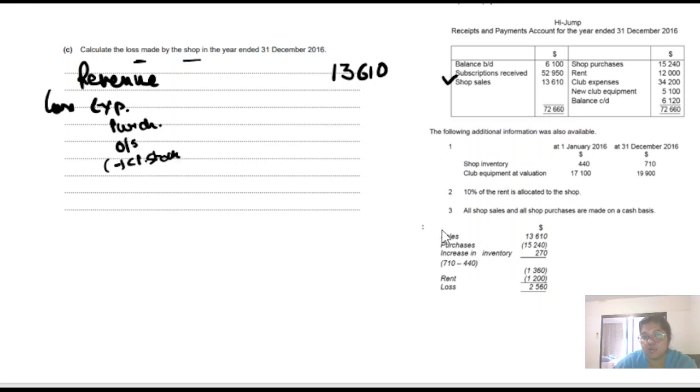The opening stock is given in your question, that is 440, and closing is 710, and shop purchases are 1500 and 240. After that you have to calculate the value and then put that value outside here.